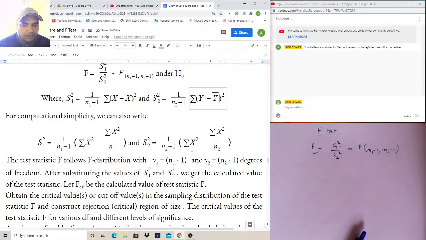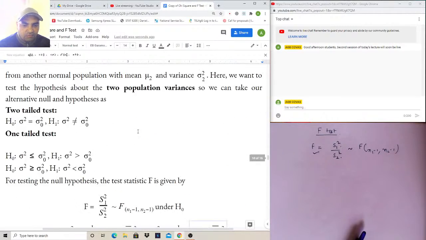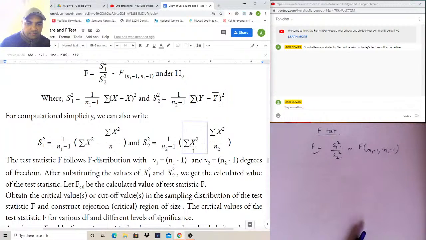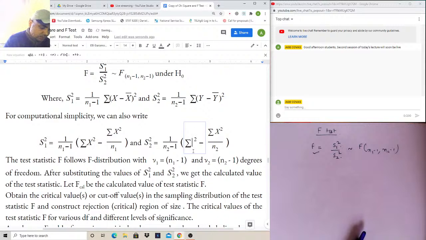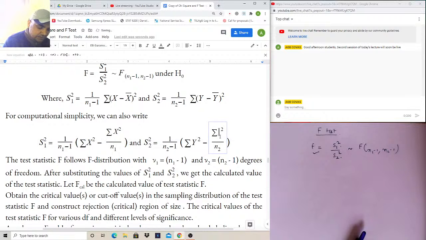Here, because we have taken x1 and y, for ease of calculation you can calculate s1 and s2 like this.